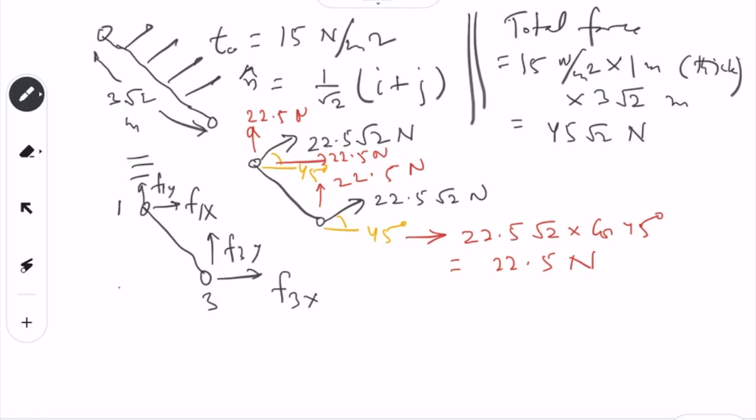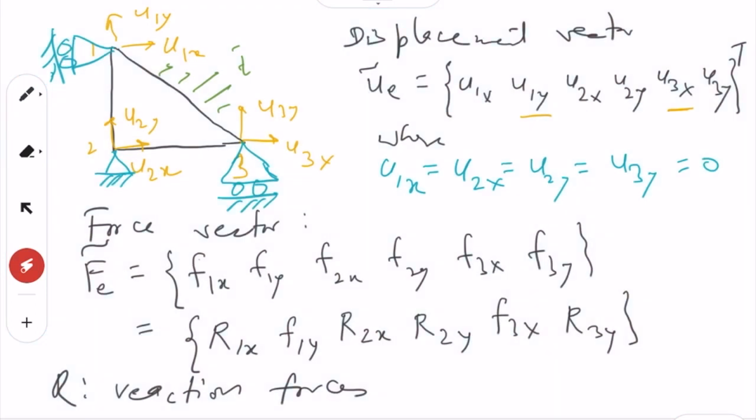So, we wanted to find out F1y, F3x. So, basically we will have total forces, which have these values, the reaction forces.